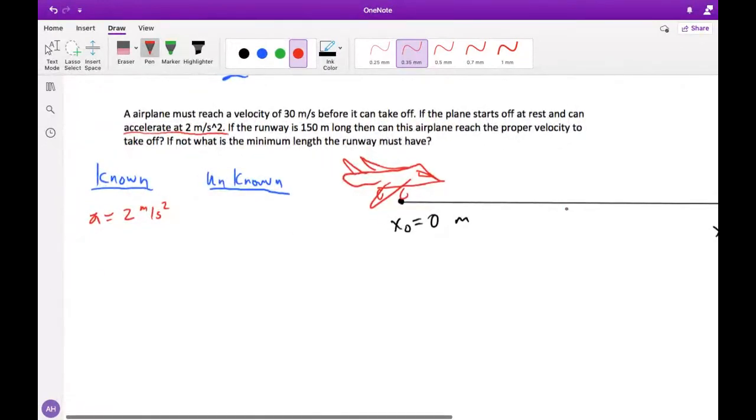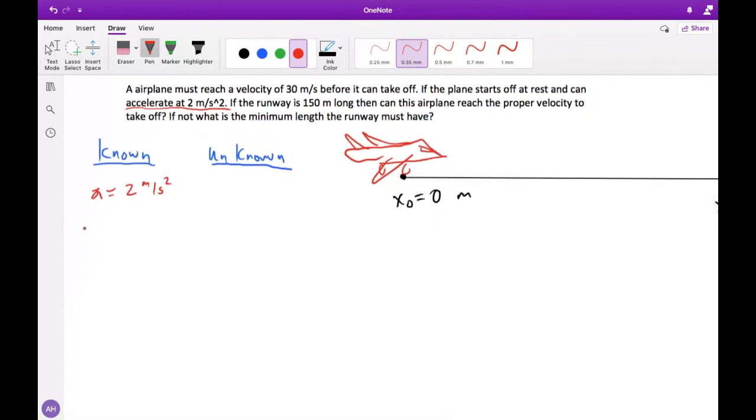So let me write out the displacement. I'll write it this way. The displacement S is x final minus x initial, which is 150 meters.